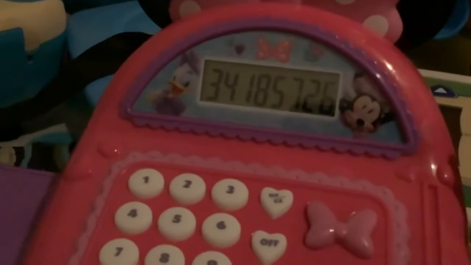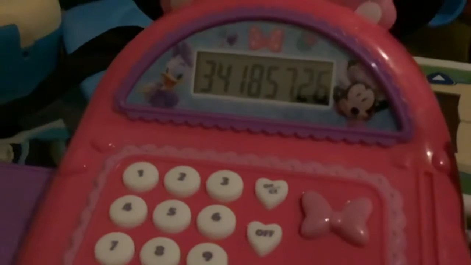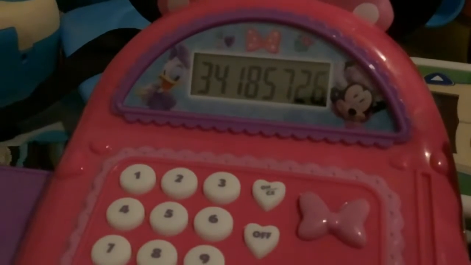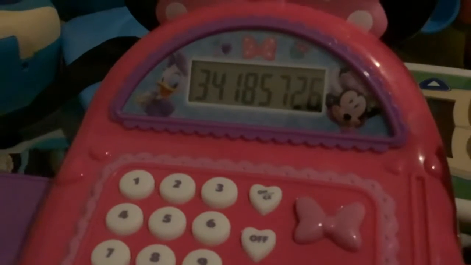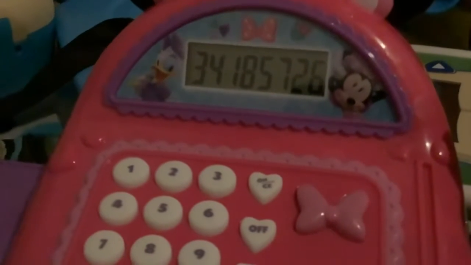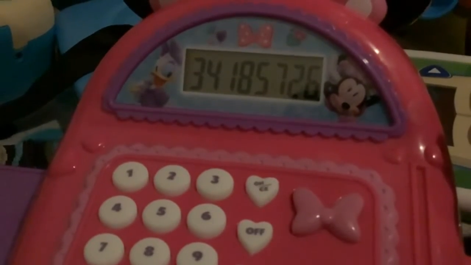Let's review this number's place value. 34,185,726 has 3 in the 10 millions place, 4 in the millions place, 1 in the hundred thousands place, 8 in the 10,000s place, 5 in the thousands place, 7 in the hundreds place, 2 in the tens place, and 6 in the ones place. Wow, how do you remember all of those place values? It's easy, it takes a lot of practice, Quack.